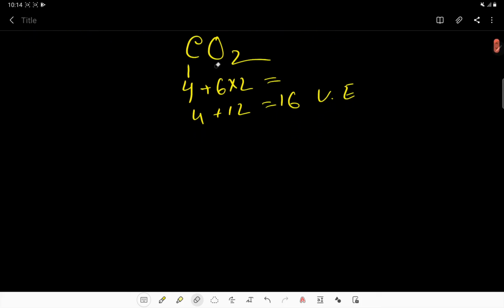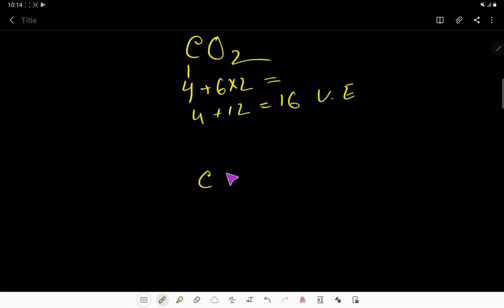So look, this carbon dioxide has 16 valence electrons, right? These valence electrons will be used to connect these 3 atoms and to satisfy the octets of all the atoms. This is the function of these 16 valence electrons, right? So the first task is to connect.